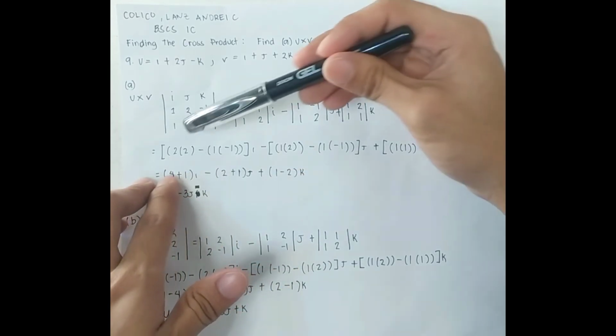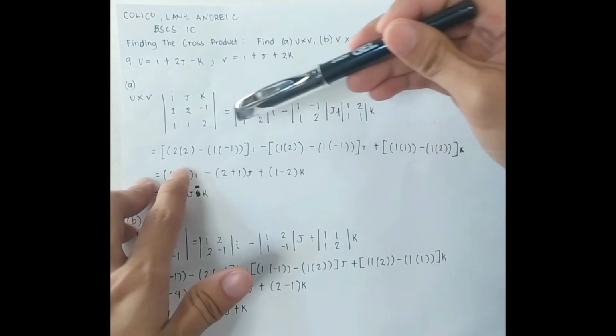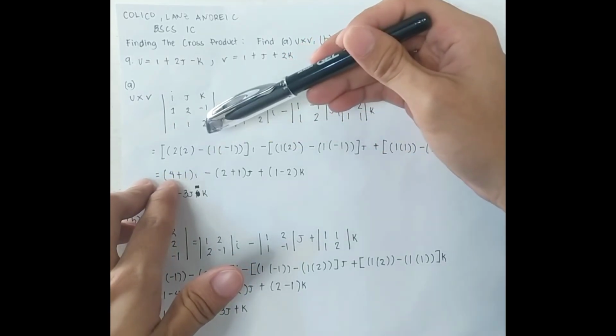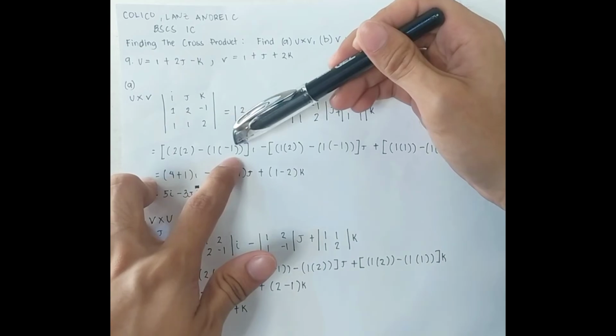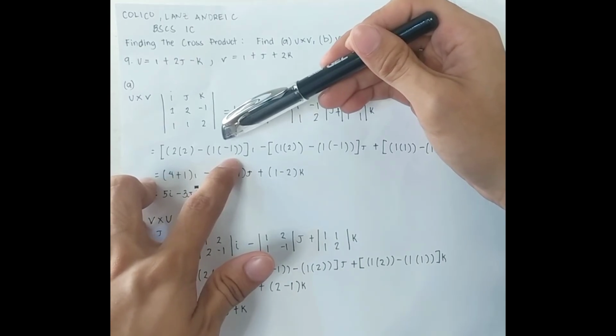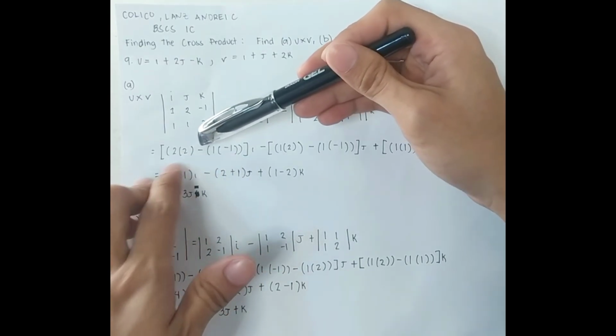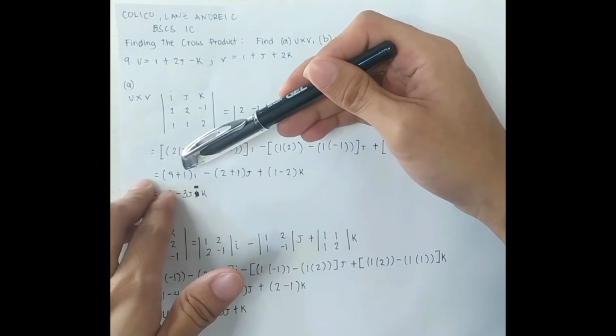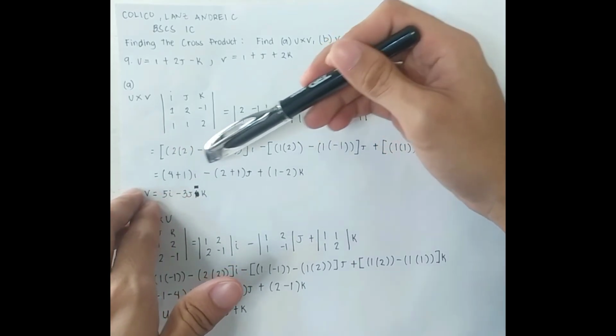So, to solve I, 2 times 2 is 4, then 1 times -1, that will be negative, 1 times negative, that will be positive. So 4 plus 1, that will be 5I.